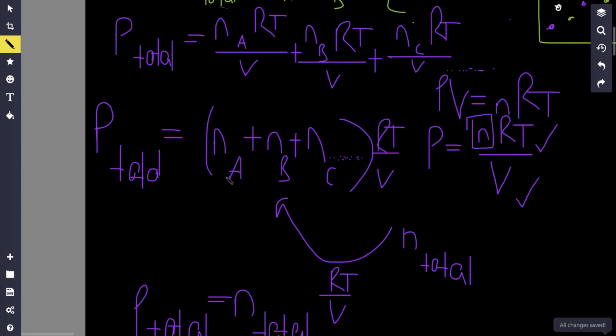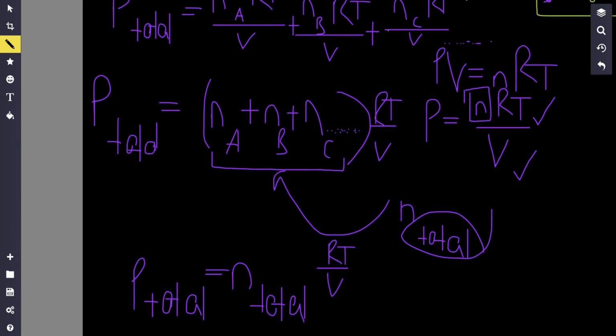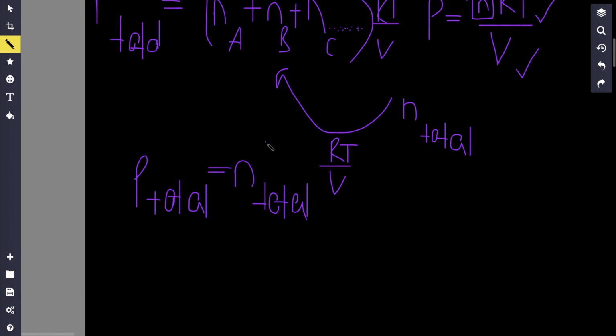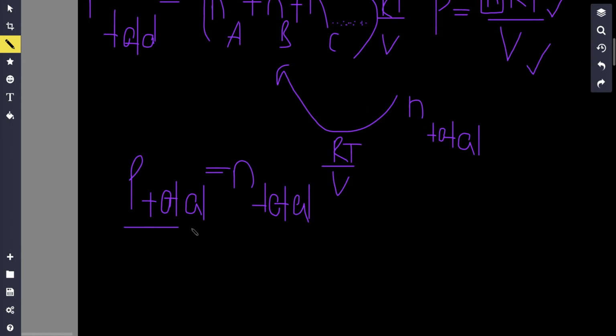Notice how when you distribute this RT over V back into these terms, you get exactly what you had originally, so that's how you can check that these two things are equal. Now, if you add all the moles of gas together, that's equal to the total amount of moles of gas you have. So nA plus nB plus nC adds up to the total amount of moles. So the total pressure is equal to the total moles multiplied by RT over V.